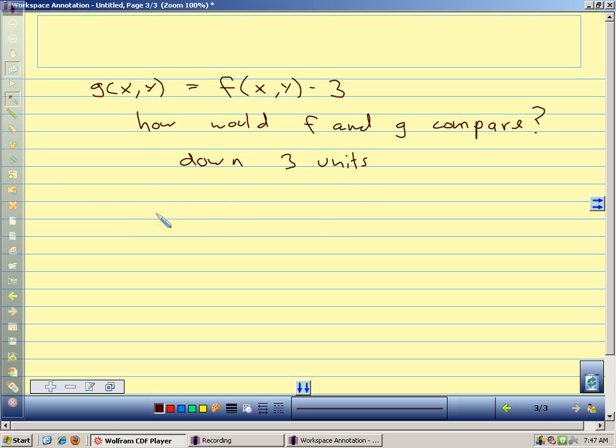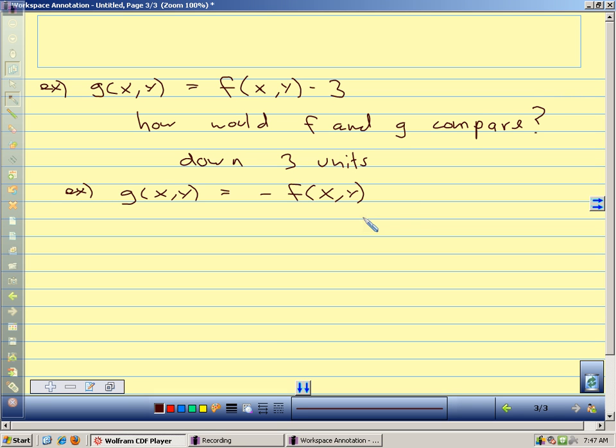What about g of xy equals minus f of xy? How would that graph be different? It'd be flipped. Where? Charlie said something about the z.